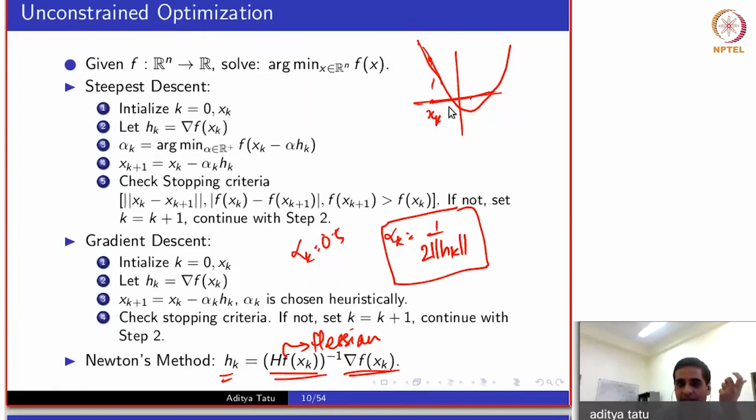If this gradient magnitude is very high, I should be careful. It's like going down a hill. If the descent is very steep, you better take small steps. But if the descent is not too steep, then you can take a longer step in that direction.